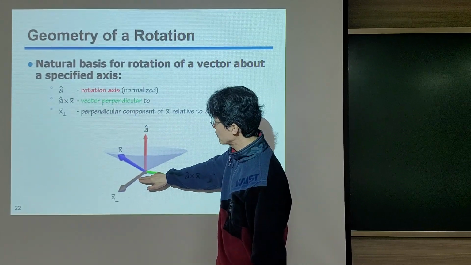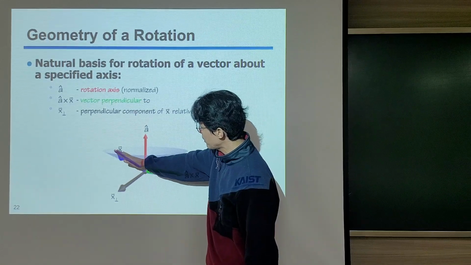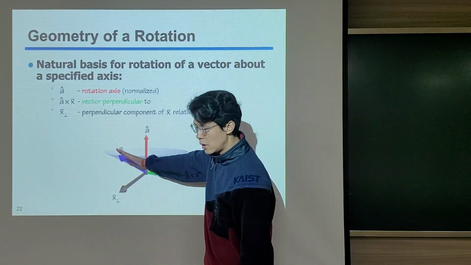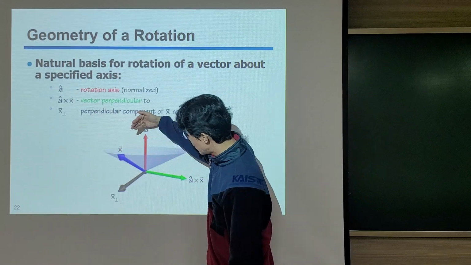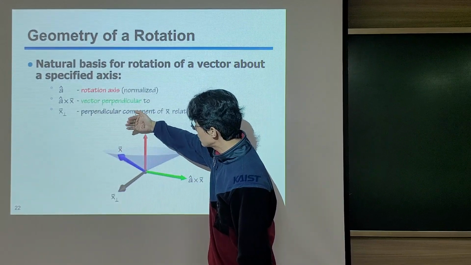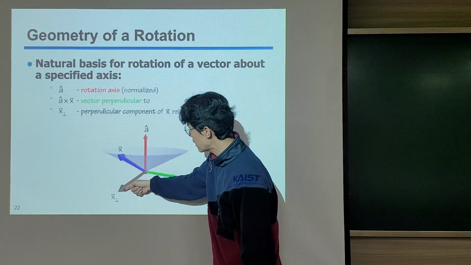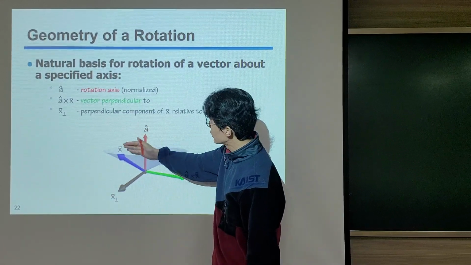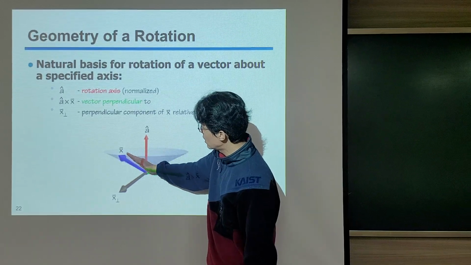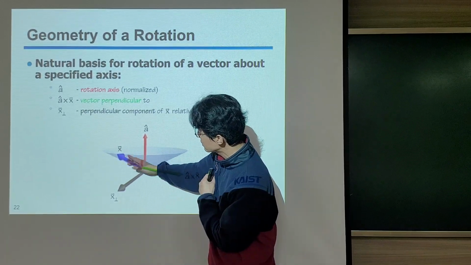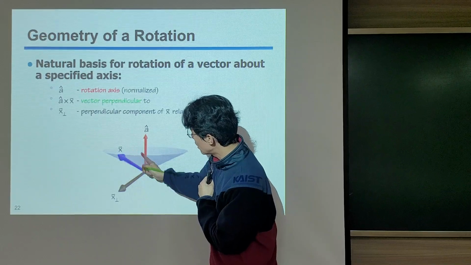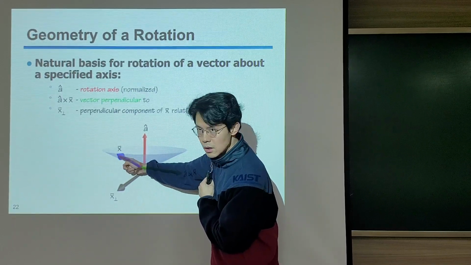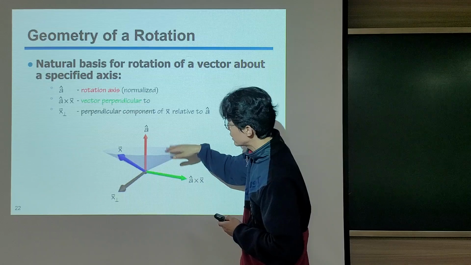To compute it, we flatten the x vector by canceling the component located in the direction of the a vector.